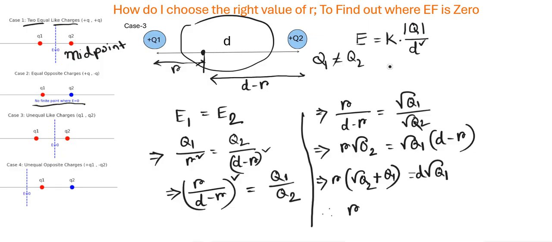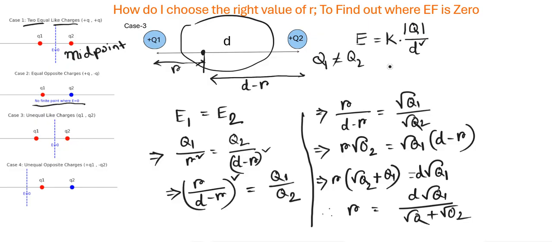So the value of r will be total distance d, the very first charge square root of q1, over square root of q1 plus square root of q2. So this is the value.